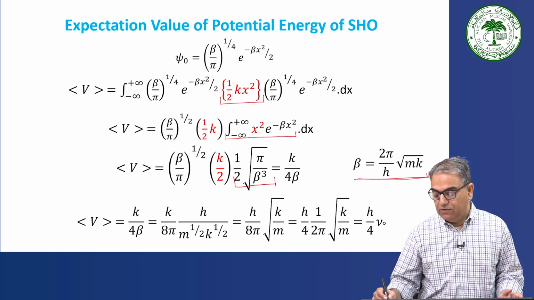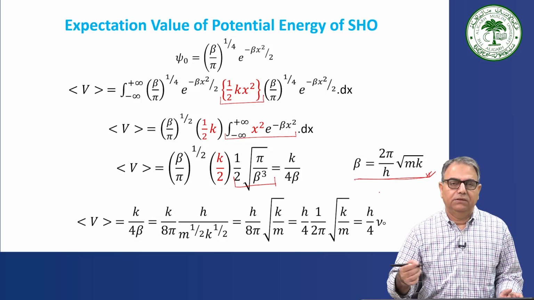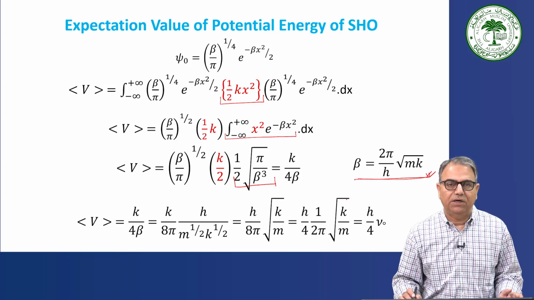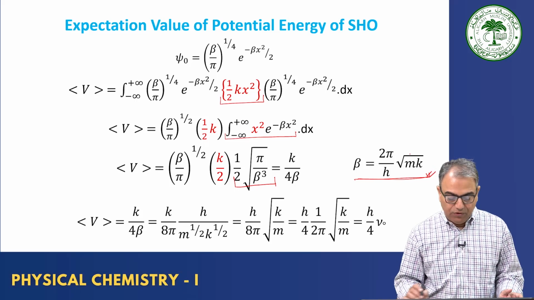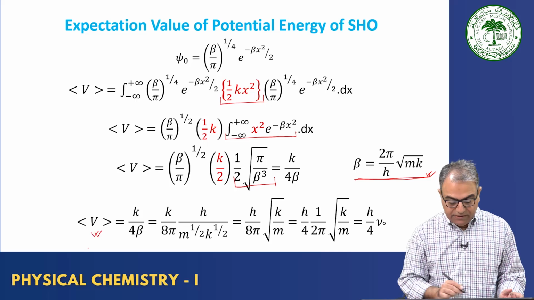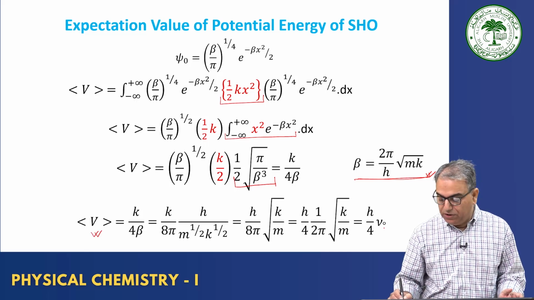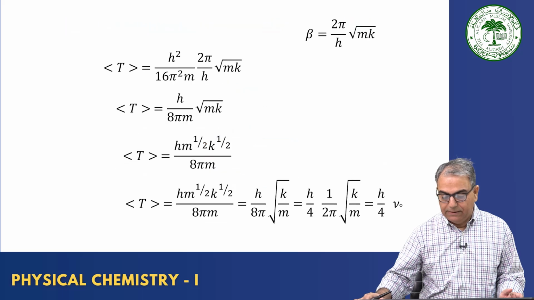Beta is 2 pi divided by h root under mk. In the very first slide of the simple harmonic oscillator, you can find out that we have taken beta like this. And if you do the potential energy calculation, then you find that you get h nu naught divided by 4. What did you find for kinetic energy?